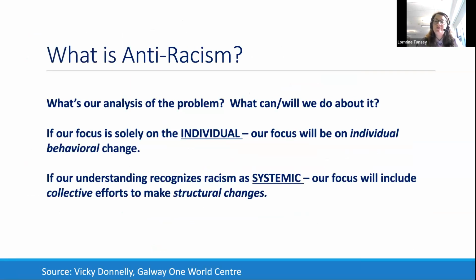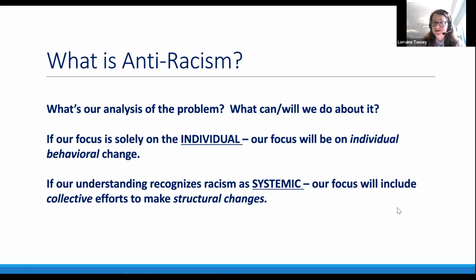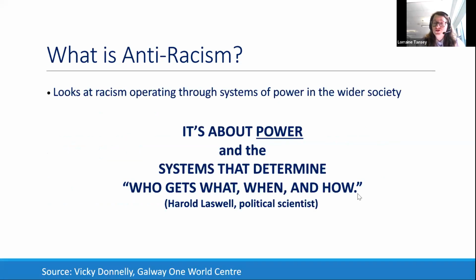So if we look at racism as just an individual action, then anti-racism is about behavioral change at an individual level. And if we look at racism as a systemic structural issue, then the anti-racism position is that we need structural changes. And when we look at what structural changes means, it means identifying power and the systems that determine who gets what, when, and how.